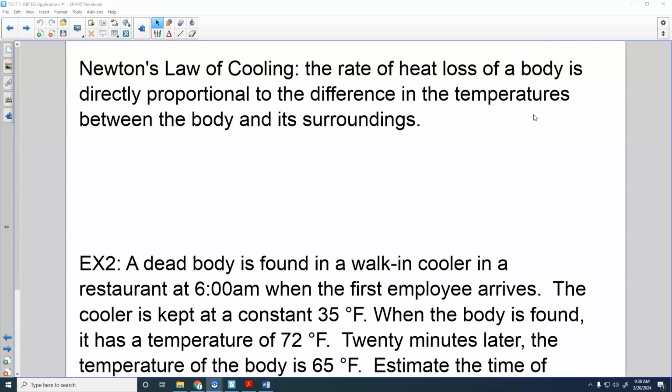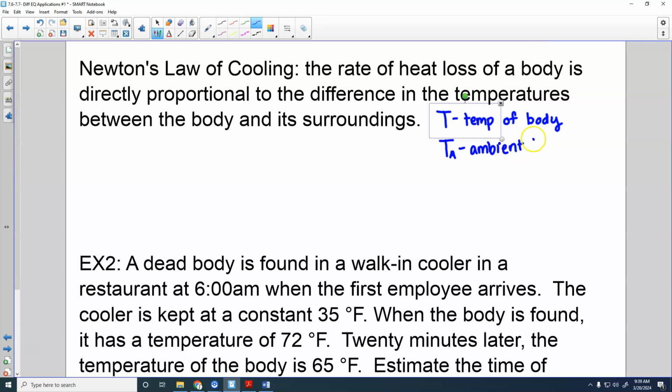So we need some different variables to use here. Capital T, let's let that be the temperature of the body. Let's let T sub A be our ambient temperature.